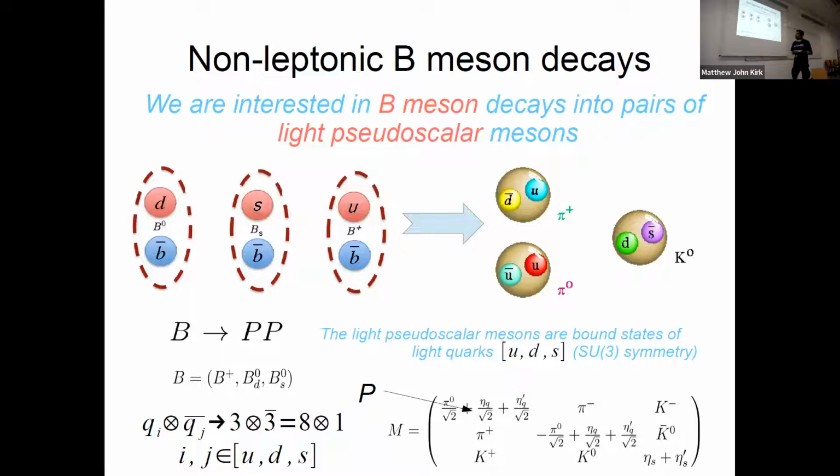By light, I mean mesons that can only be made out of the up, the down, and the strange, and the anti-particle versions of these quarks. So you can establish an SU3 symmetry, SU3 flavor symmetry. So flavor because it comes from these three flavors of quarks. Okay, so then in the final state, we can have, for instance, pions or kaons or eta mesons.